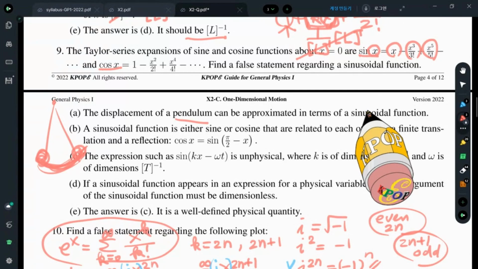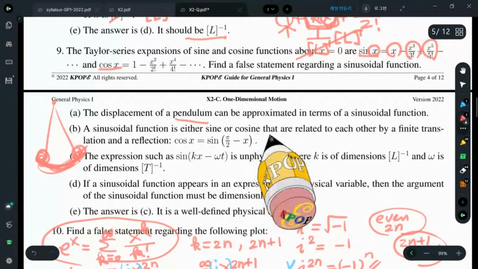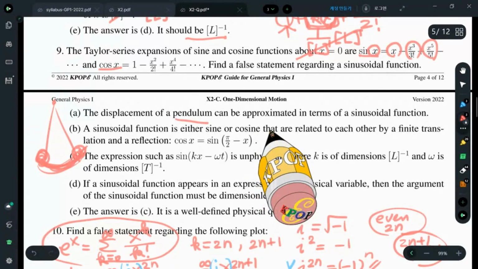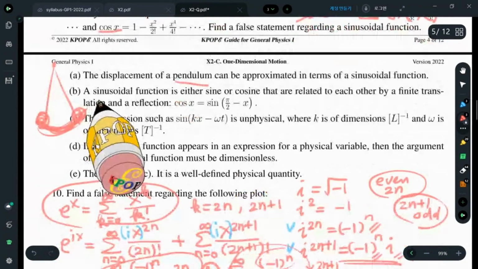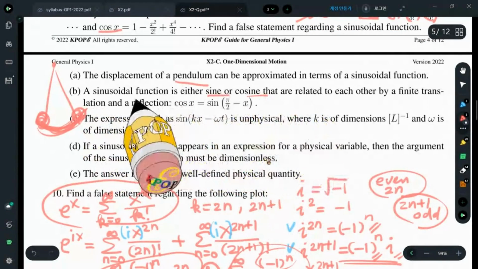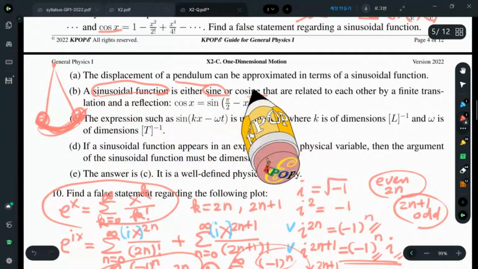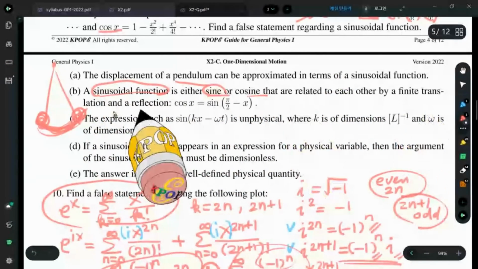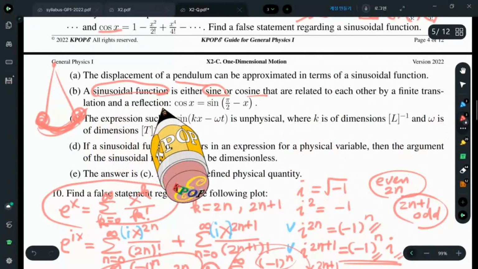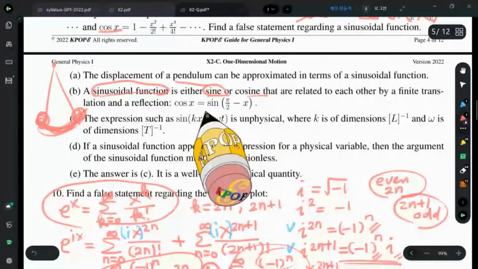Huygens patented the pendulum clock for the first time, and Galileo made use of the periodicity of pendulum for the first time. The sinusoidal function is either sine or cosine, right? It's a periodic function, okay? They are related to each other by a finite translation and reflection. Perhaps the middle school students know very well about it.